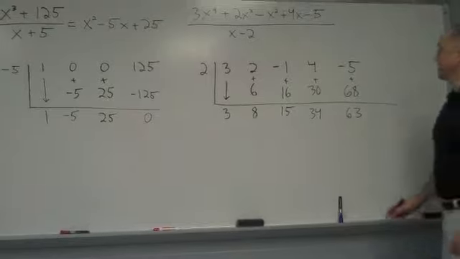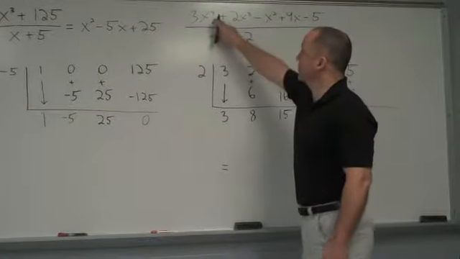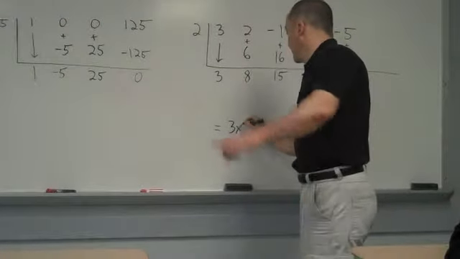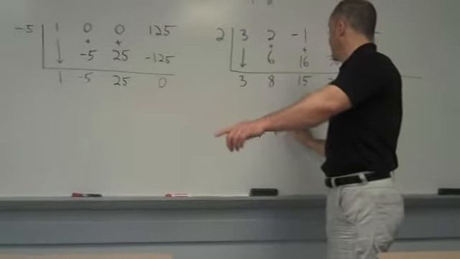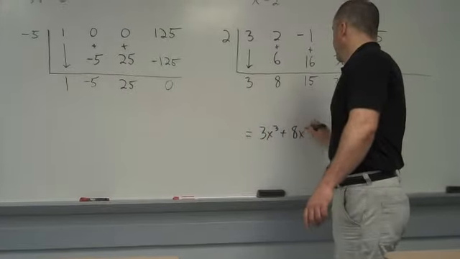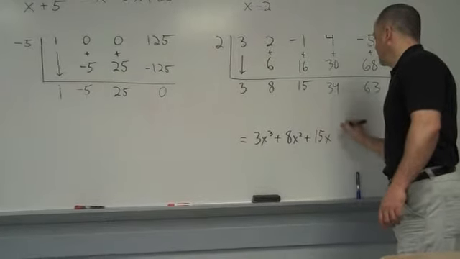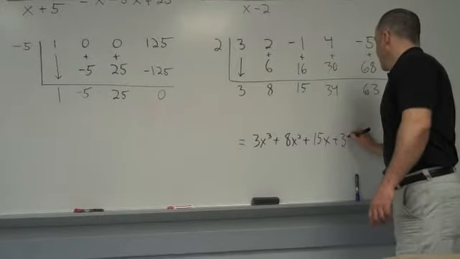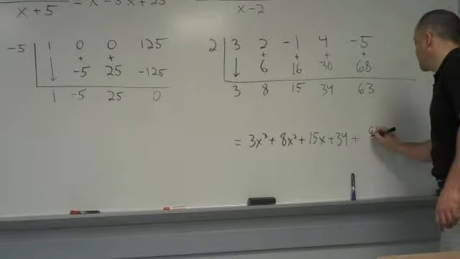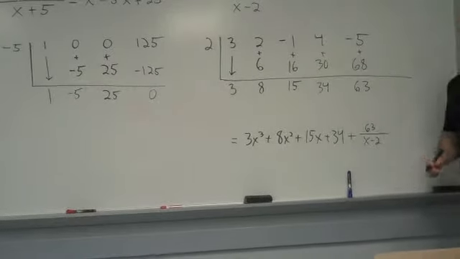So what this tells me is my answer: we started with x to the 4th, we divided by an x, so we're going to get 3x cubed, plus 8x squared, plus 15x, plus 34, with a remainder of 63, which we will write as plus 63 over x minus 2.